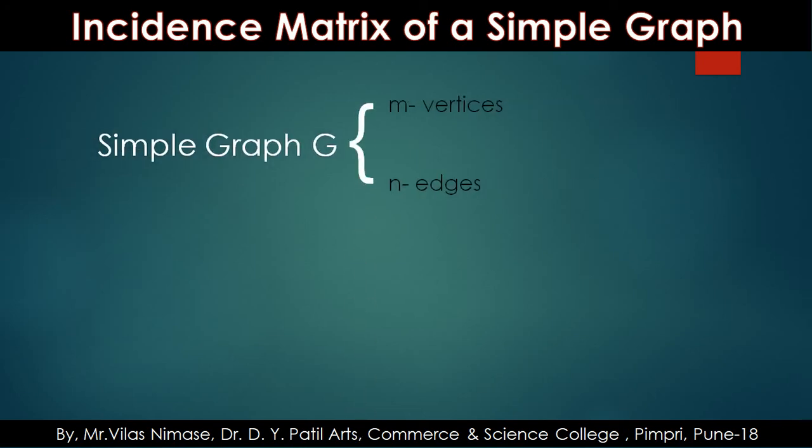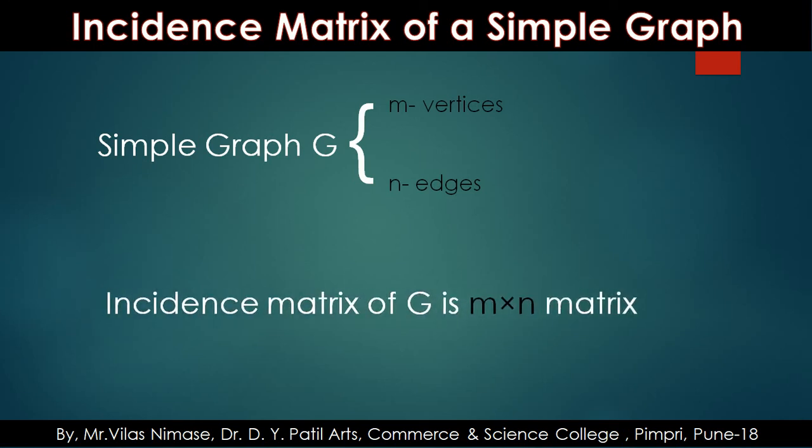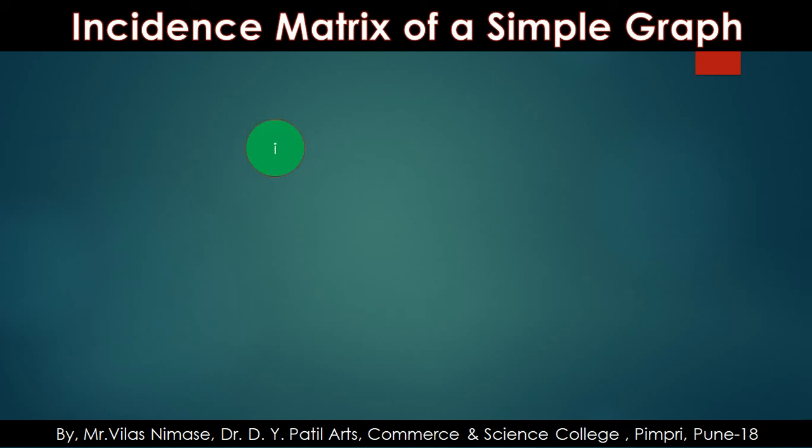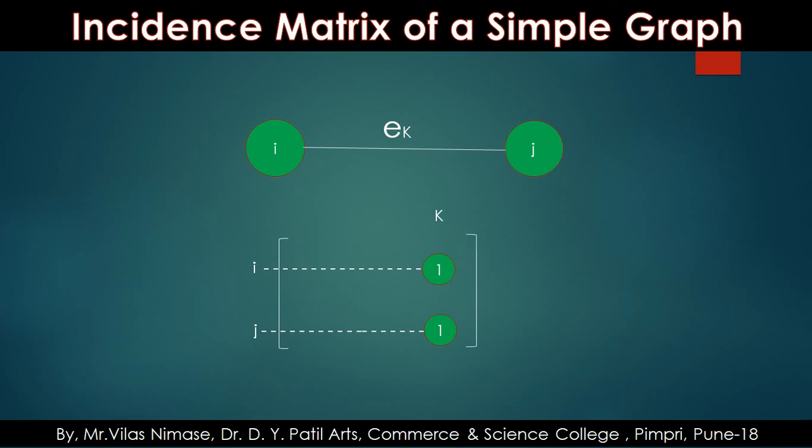If in graph G there is an edge ek that joins vertex i and vertex j, then in the incidence matrix of graph G, the entry at ith row and kth column and entry at jth row and kth column both are 1 and all other entries in column k are 0.